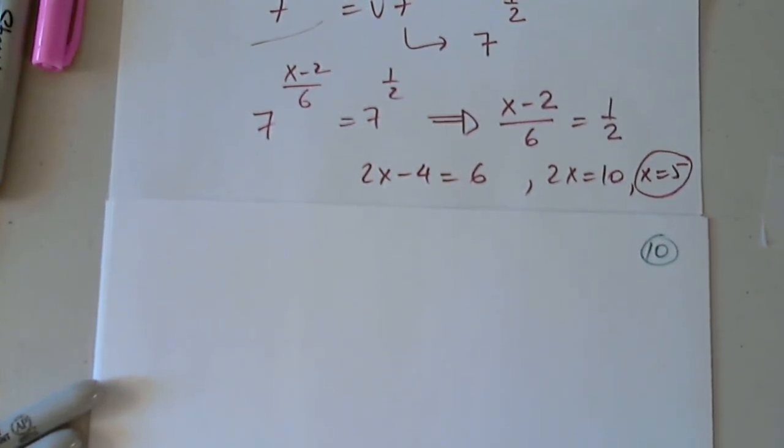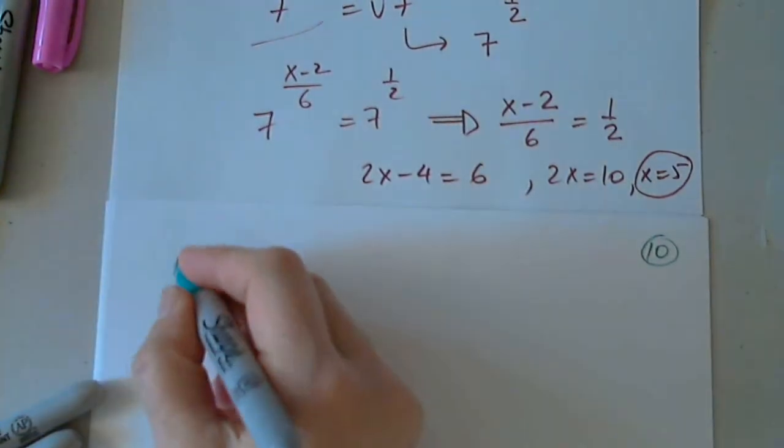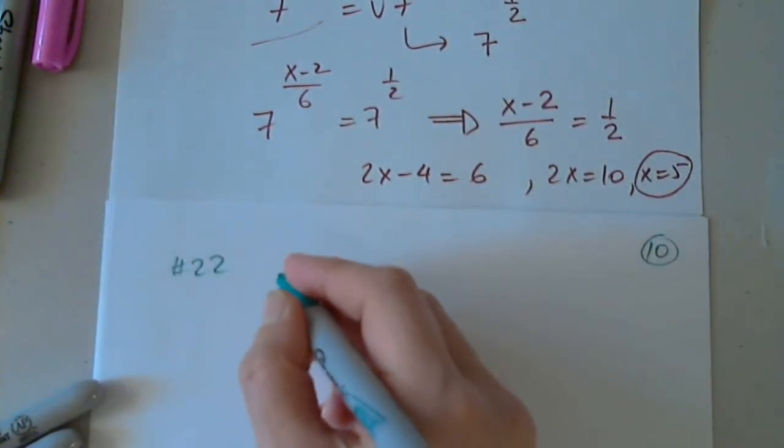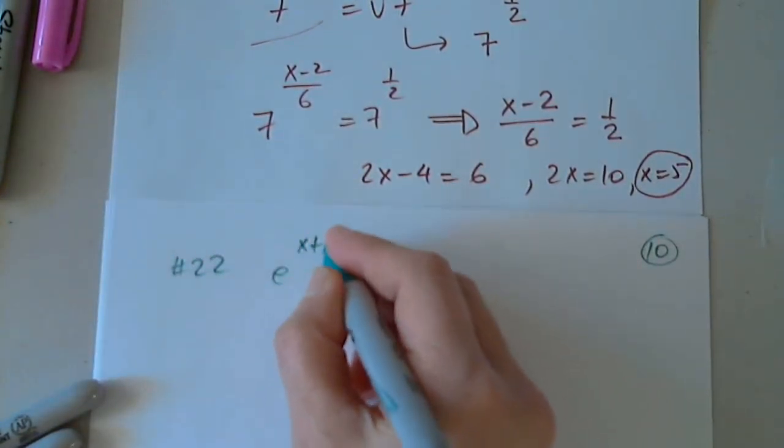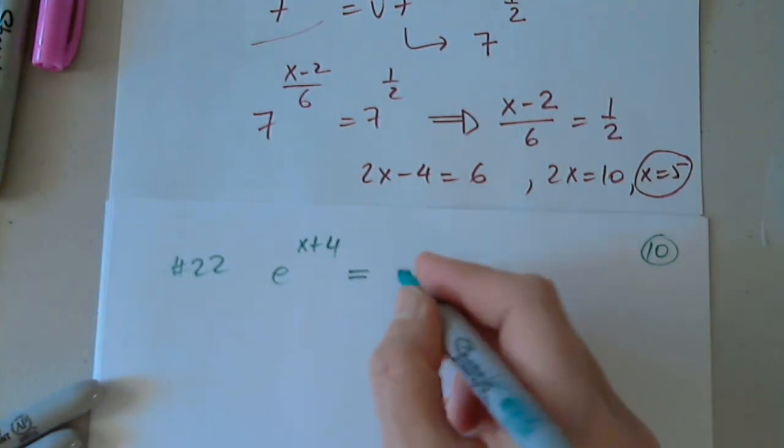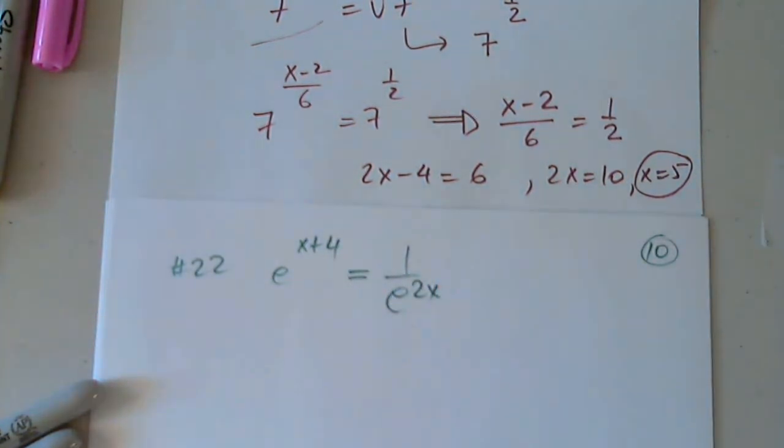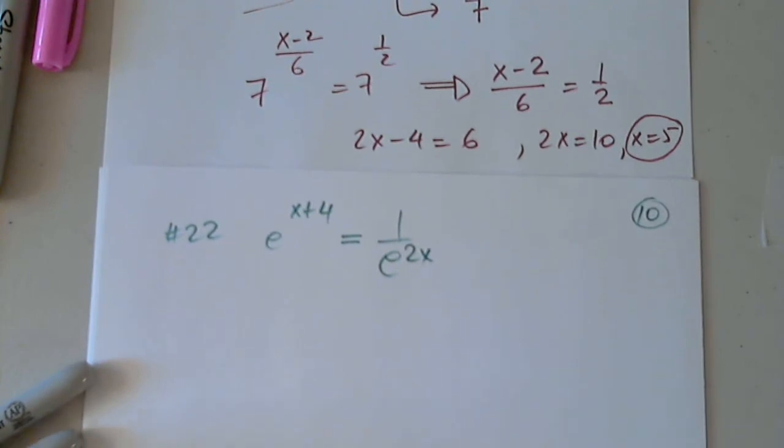Okay, do we need other examples from 1 through 22? 22 caught my eye, unless you have something else on your mind. No, I like 22. 22, I think it's e to x plus 4 equals 1 over e to 2x. Can I write both sides with the same base? Yes.